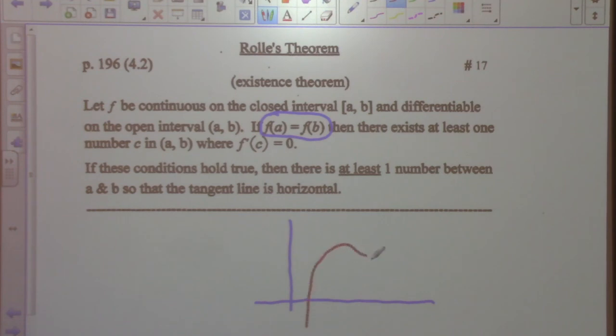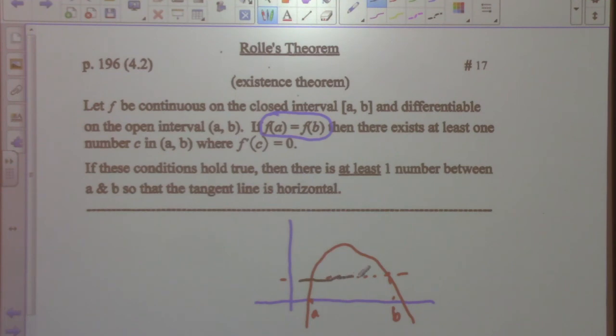So for Rolle's theorem, it looks like this. I'm going to take this function here like this, and we're going to say A is right here and B is right here. What we have is f of A equal to f of B. So that means we have a horizontal secant line.